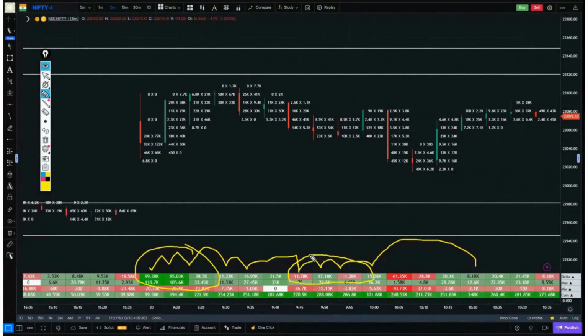What is the difference between these two? The candles with heavy delta have experienced significant buying or selling, while the candles with a very low delta have experienced very little buying or selling. So, who has the potential to move the market? The candles with a large delta have the potential to move the market.